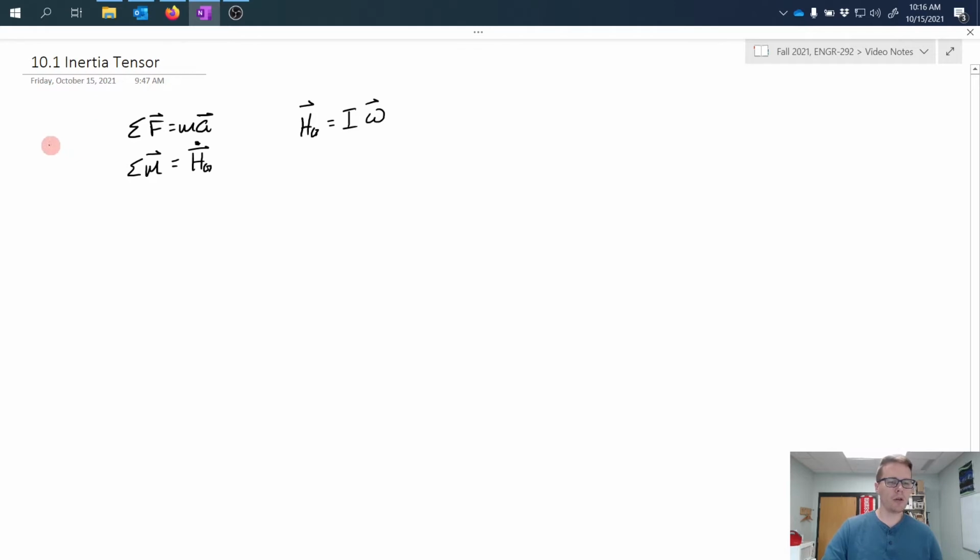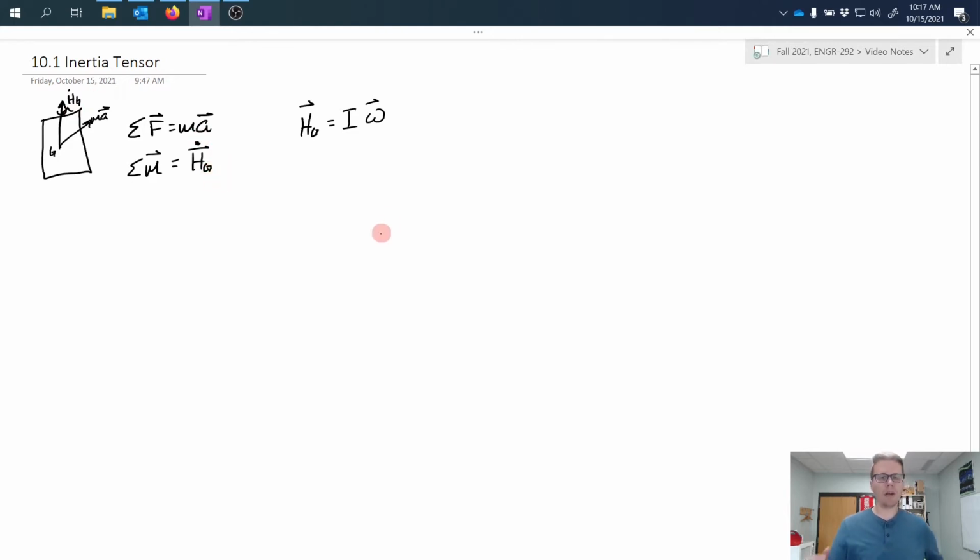So for a rigid body with some center of gravity location, representing this graphically now, we might have some linear translation represented with the acceleration a, and we might have some angular momentum represented with H, H dot.